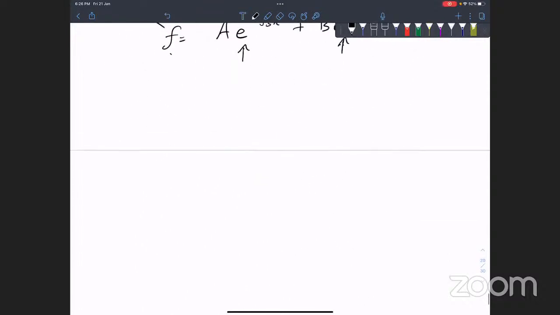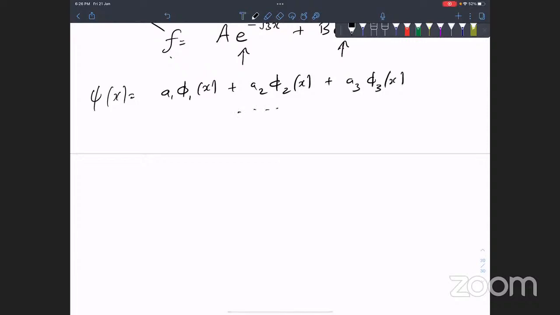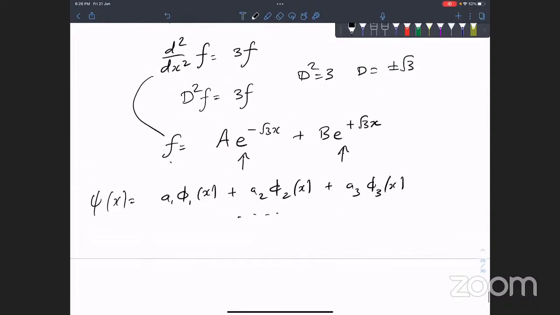So my final answer must be some linear combination of a1 phi1(x) plus a2 into phi2(x) plus a3 into phi3(x) and so on. Okay, this is your superposition theorem.